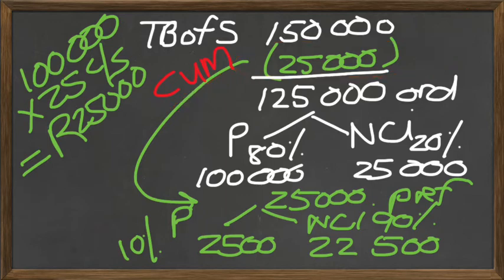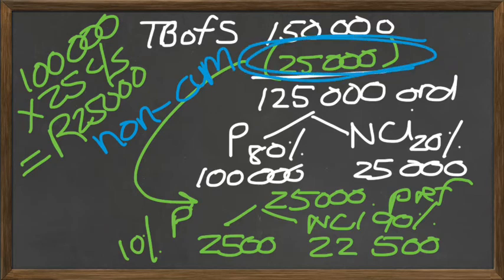If you, however, are dealing with a non-cumulative preference shareholder, you will only attribute to the equity participants when the dividend was also declared, because your non-cumulative preference shareholders are only entitled to it then.